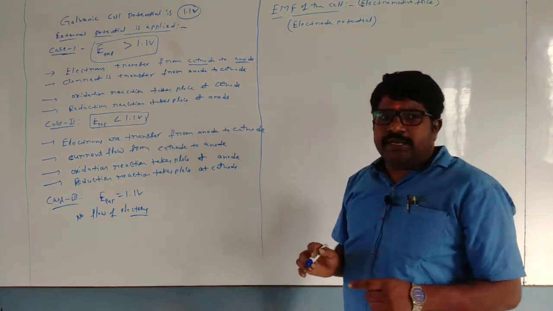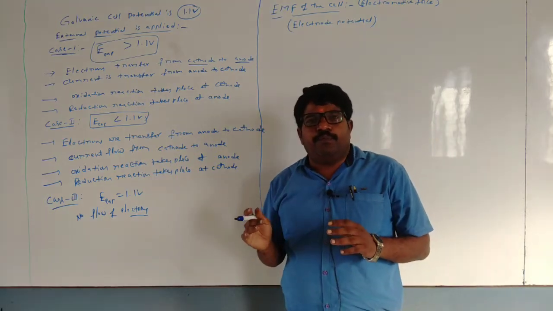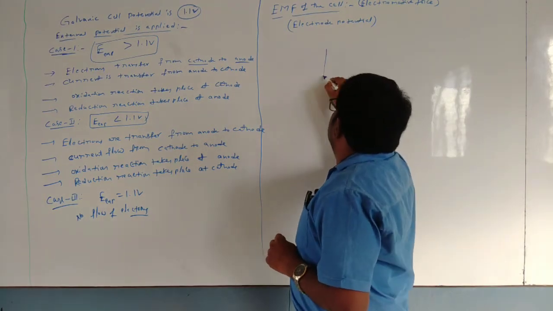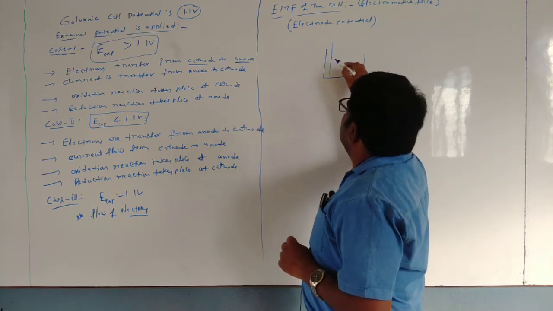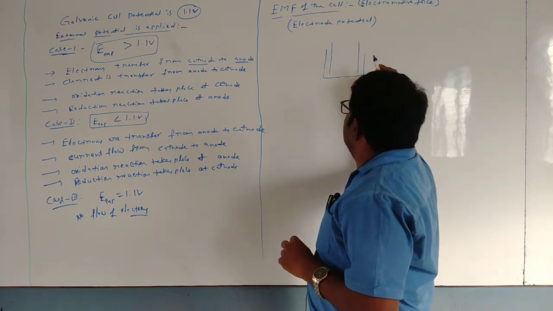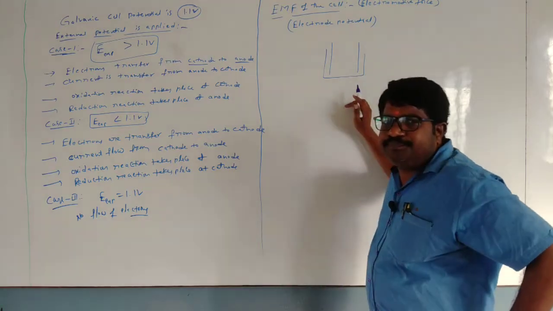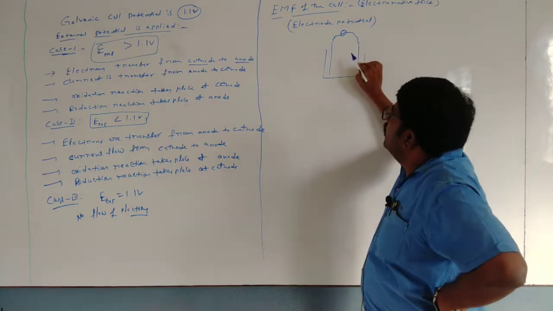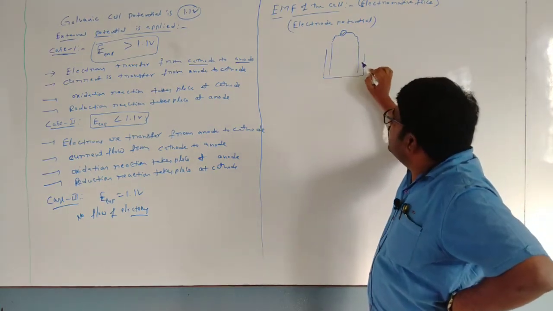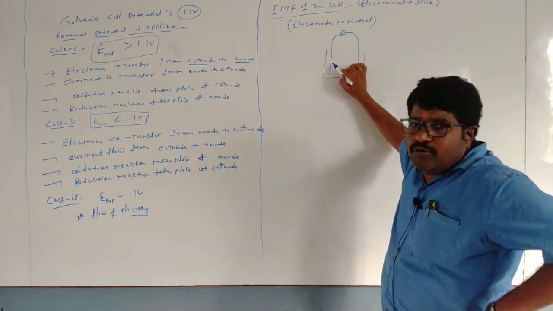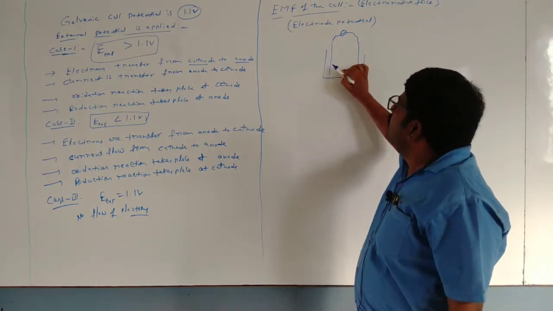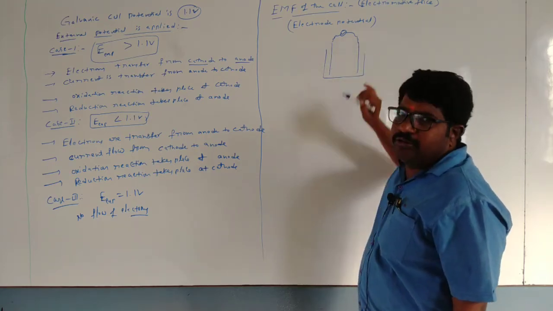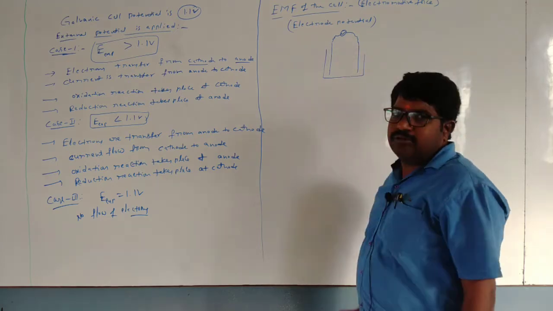Now generally, what is oxidation electrode potential? What is reduction electrode potential? For example, if you take a cell, this is the anode electrode, this is the cathode electrode, and these two are connected with a wire. Due to transfer of electrons from anode to cathode, the anode dissolves. These electrons are transferred through the external wire towards the cathode.